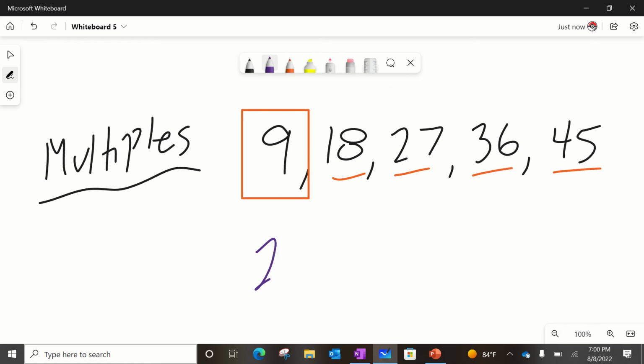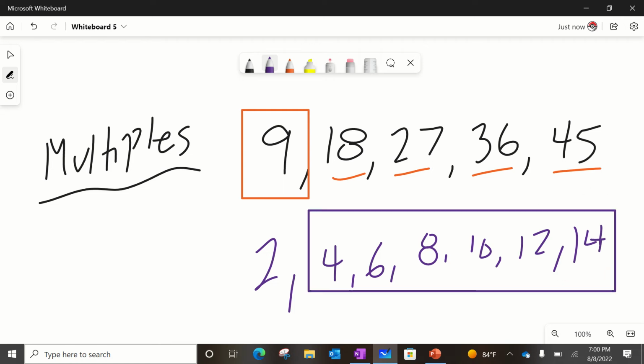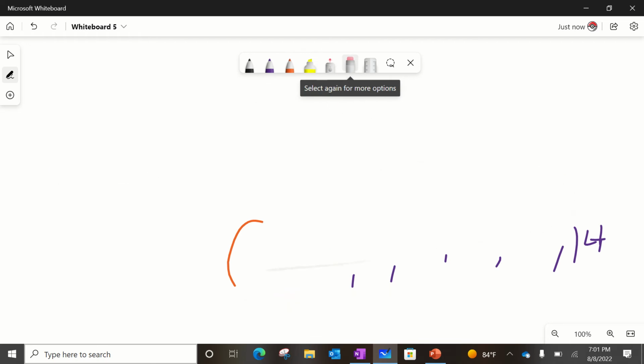Back before, I counted by 2s: 2, 4, 6, 8, 10, 12, 14, etc. Every single one of these numbers here would be considered a multiple of 2. Those are multiples.